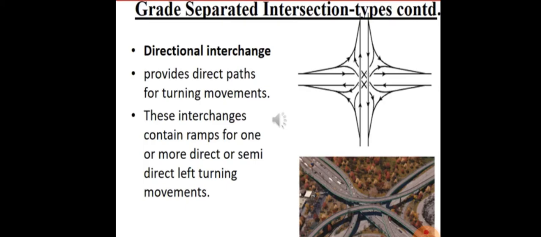Interchanges of two freeways, or interchanges with one or more very heavy turning movements, will usually warrant this type of direct ramp, and this will have higher speed of operation and also higher capacities as compared to the loop ramps. So that is what a directional interchange is.